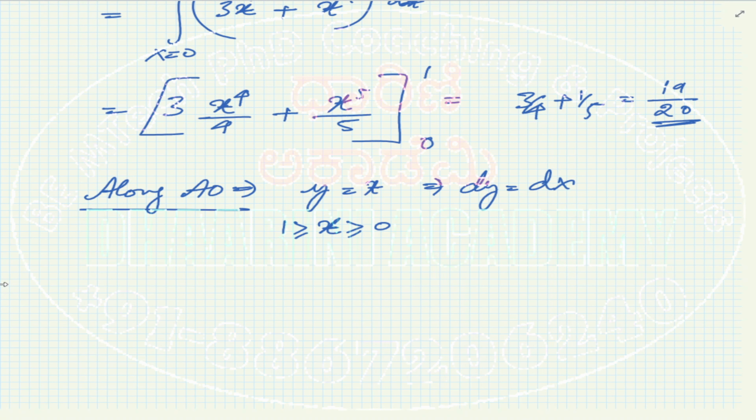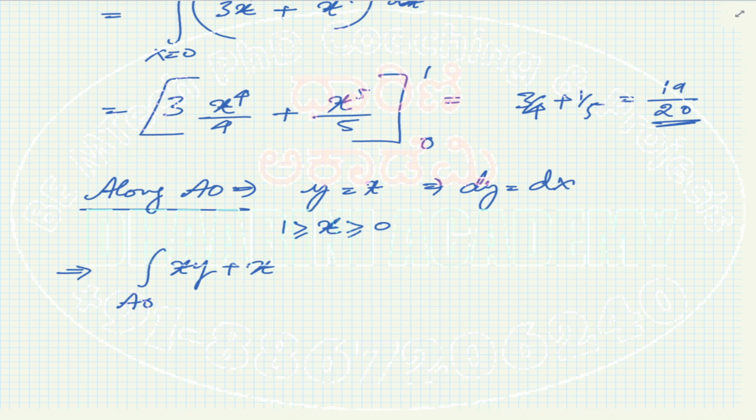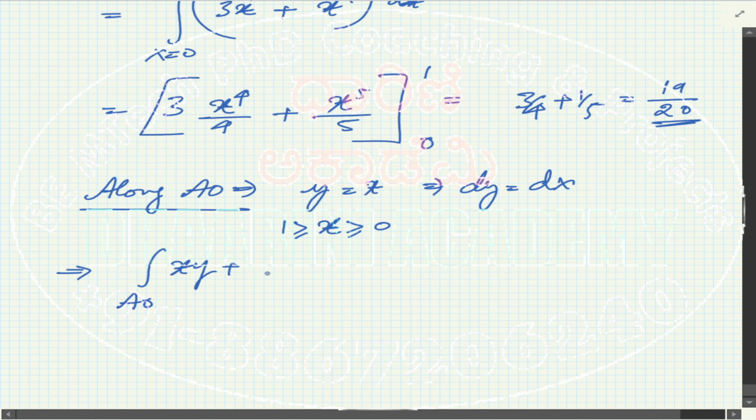So now we'll write the integration. This implies integral over AO, the same term, that is xy plus y squared into dx plus x squared dy. This term becomes equal to, we have integration x starting from 1 till 0.